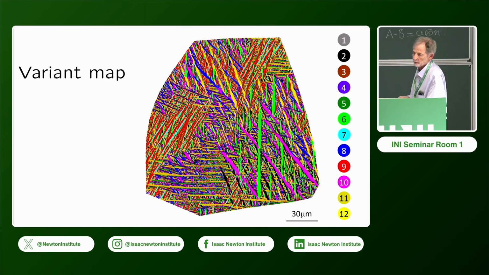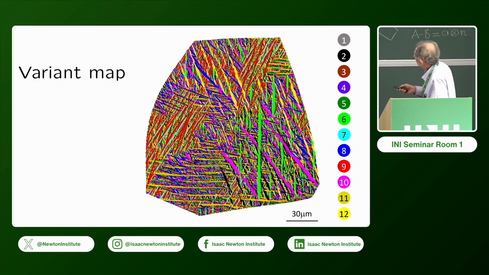So here's a better picture of the 12 variants. Each one has a different color. Roughly speaking, in the green regions you have variant 6 and so on. And of course a huge amount of work is involved in doing these pictures.